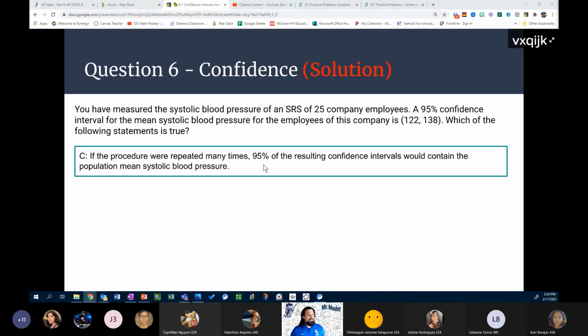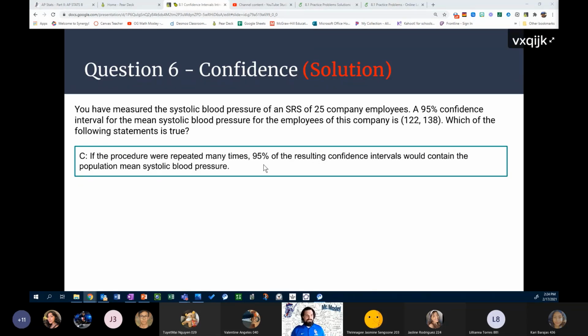If it says 95% chance, like, hey, this is a 95% chance of this thing happening, that's incorrect, right? We have 95% of our intervals might contain this thing. We have 95% confidence. We don't have a 95% probability or a 95% chance.